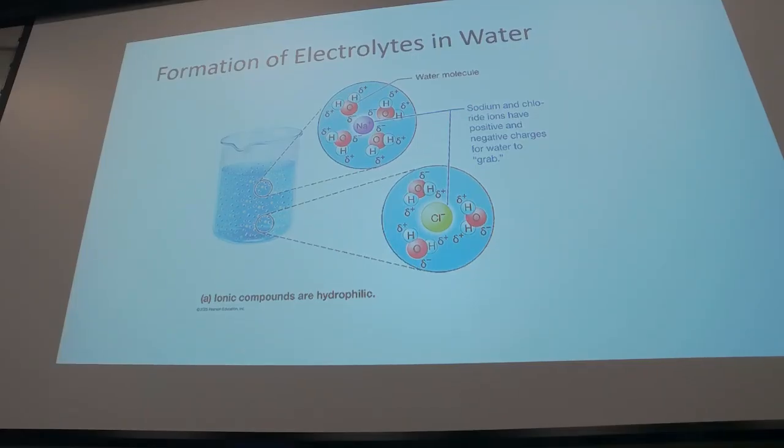See how these red spheres that represent the oxygen surround this sodium. Why? Because this has a positive charge and the oxygens have a negative charge. And then chloride, which is going to have a negative charge, will become an anion. It's going to attract the hydrogen portion of the water, because the hydrogens have positive charge while this one has a negative charge. And that's how you separate them.